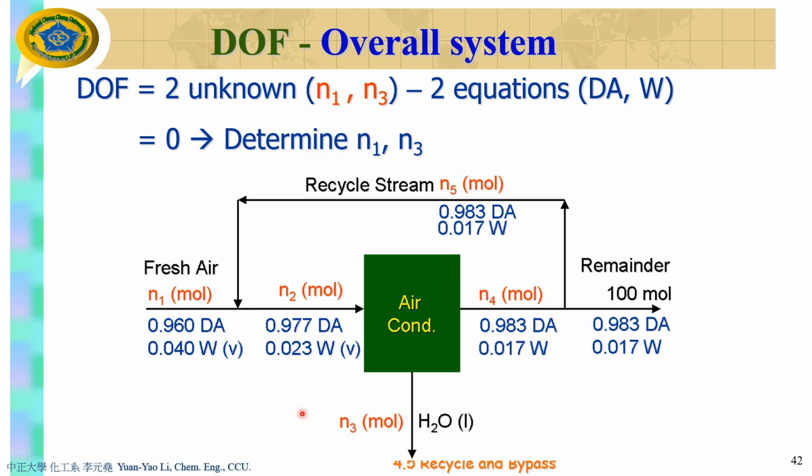And you can create 2 equations because dry air input equals dry air output, and water input equals water output. Okay? So you have 2 unknowns, 2 equations. Bingo, you got N1 and N3.